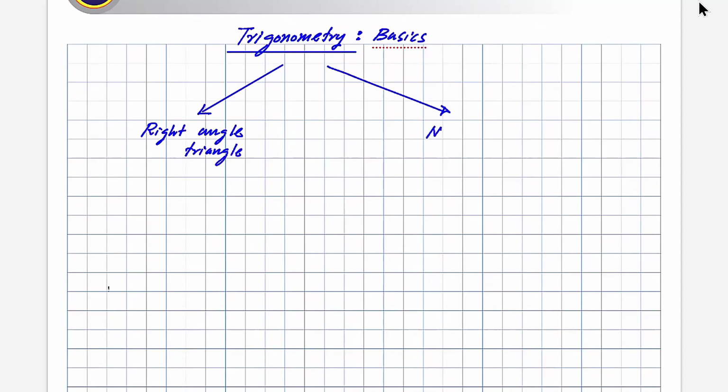The other one is with non-right angle triangles. Okay. Now, inside right angle triangles, what are the concepts you know? You know SOH CAH TOA concept, right?